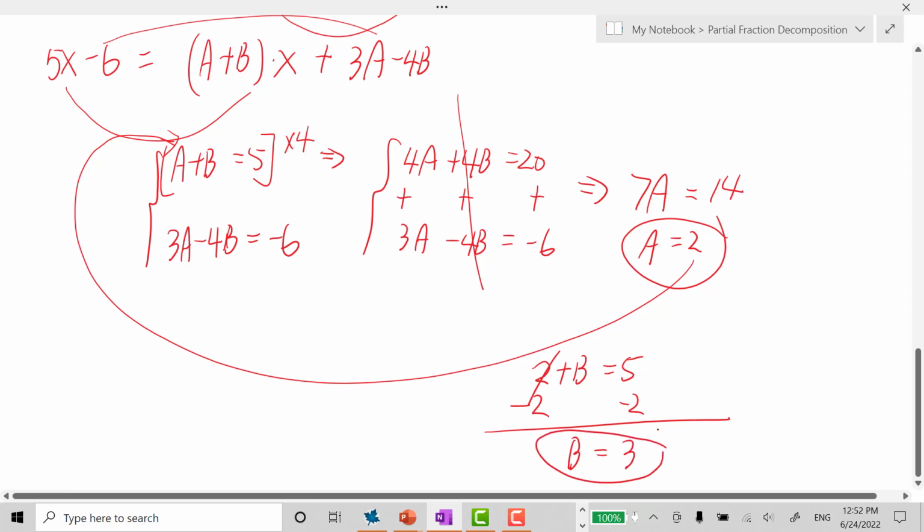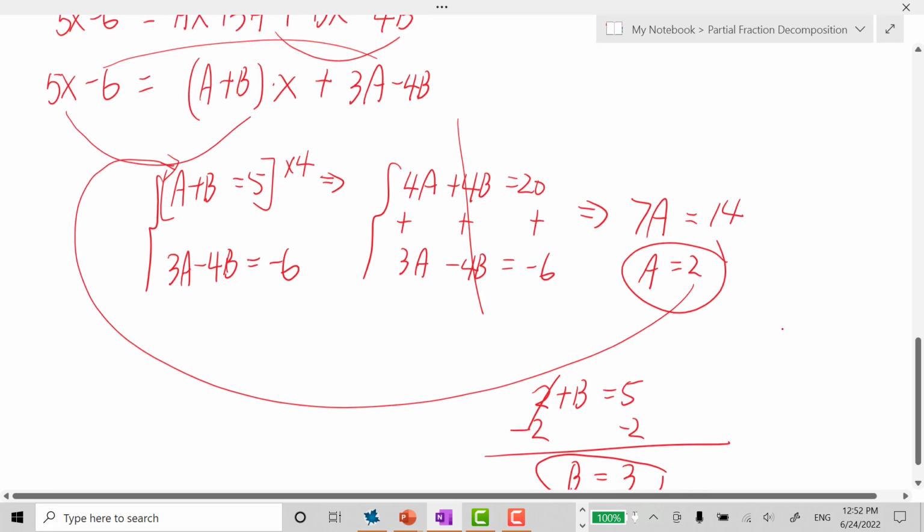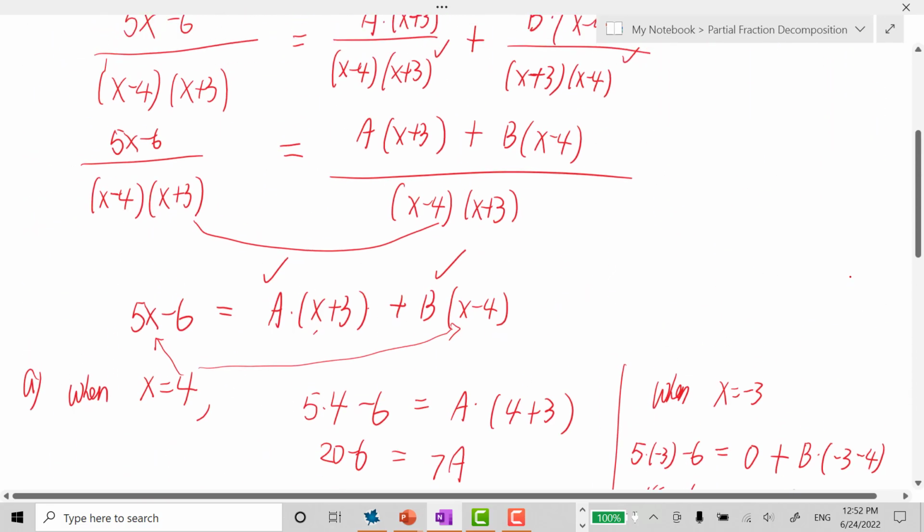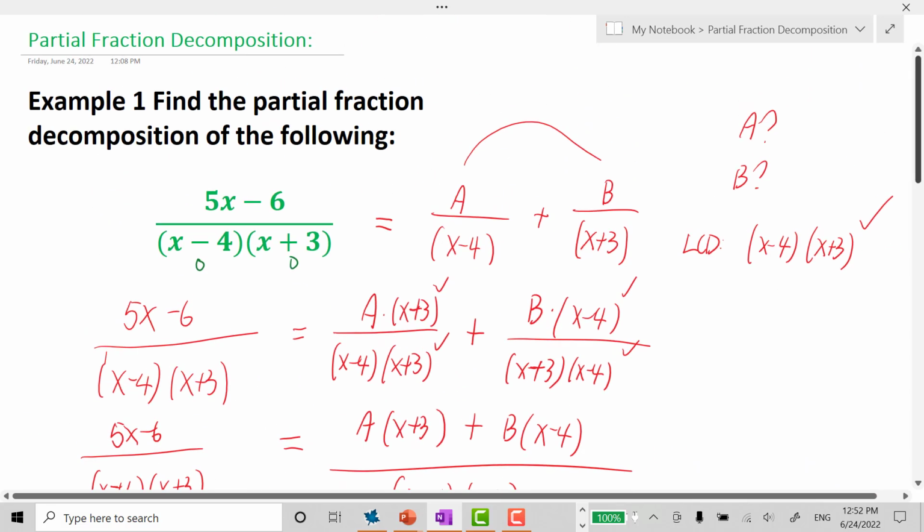Okay. So it's totally up to you. Both methods are good, and it depends on your preferred method. So in this case, we actually get to the final result.